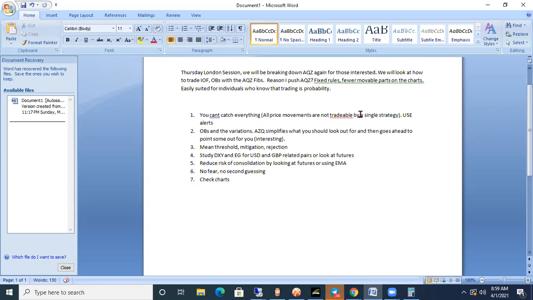Right, so first thing, I'll make you catch every price movement. So all price movements are not tradable by a single strategy.